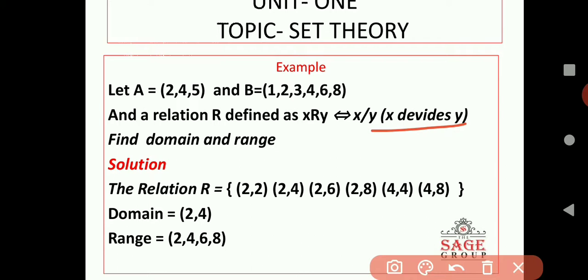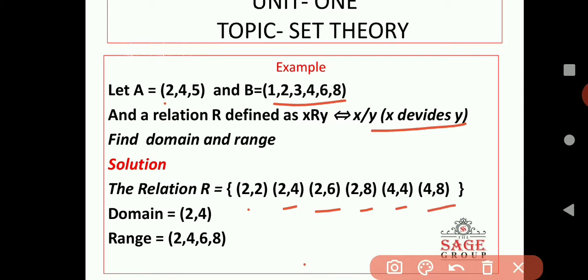The ordered pairs we get are (2, 2), because 2 divides 2, then (2, 4), (2, 6), (2, 8), (4, 4) and (4, 8).